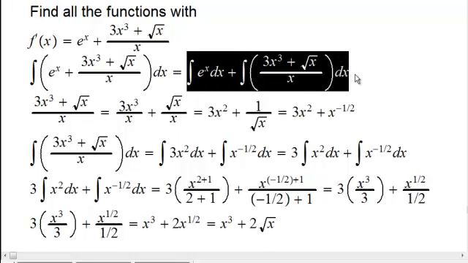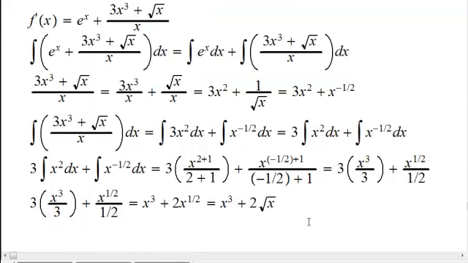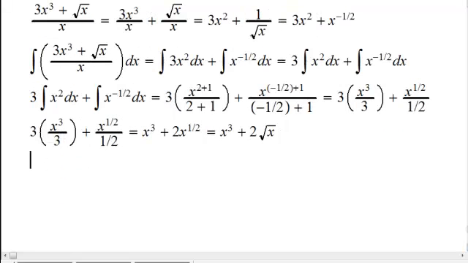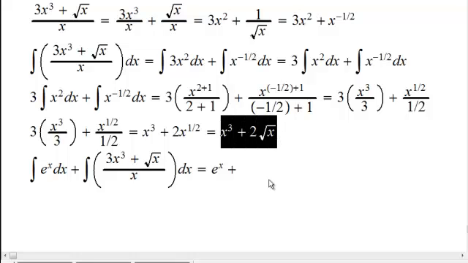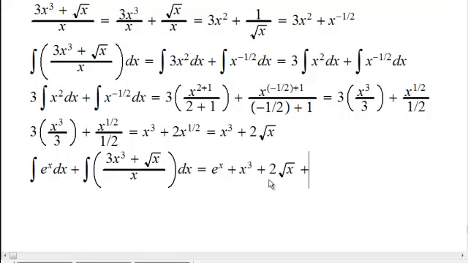So what happens is that the answer will be e to the x, right? Plus these guys, and then plus a constant. I mean, we could have gotten constants all along the way, and at the end, we combine them into a big constant. Okay.